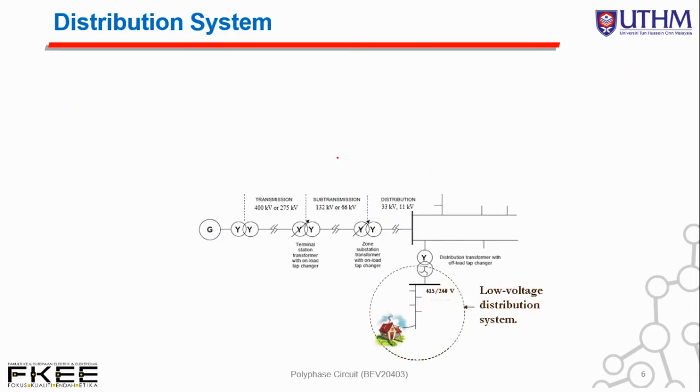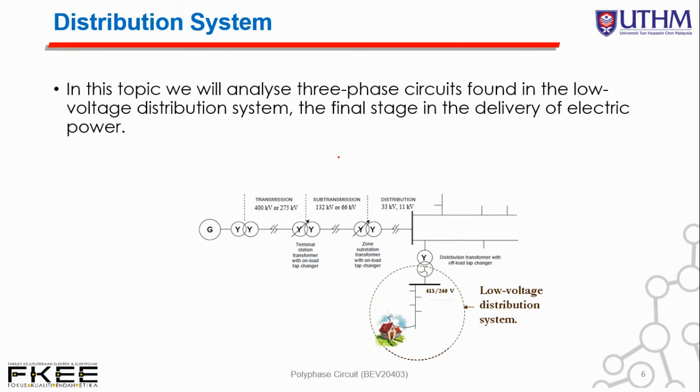Distribution system. What happens in this particular system? In this topic, we will analyze three-phase circuits found in the low voltage distribution system, around 11 kV or 33 kV, which is the final stage in the delivery of electric power. We start with the generation side, the power plant.